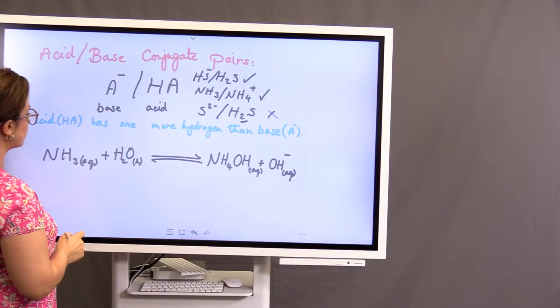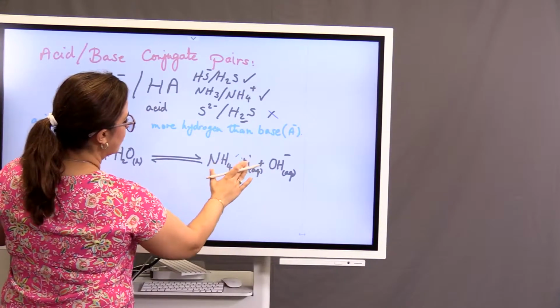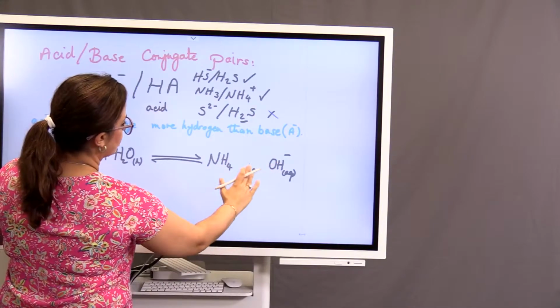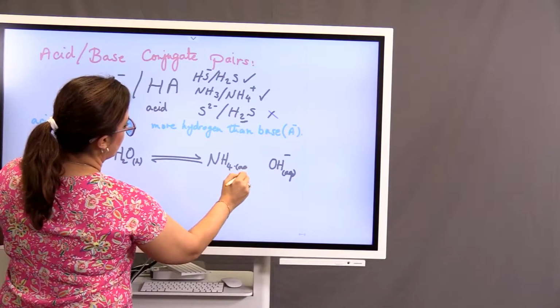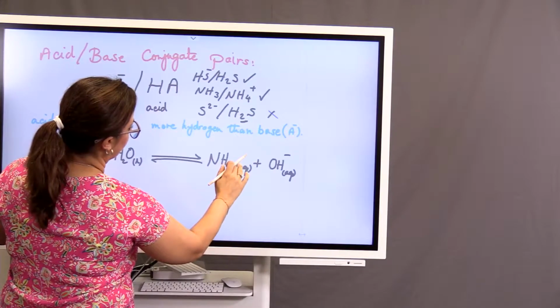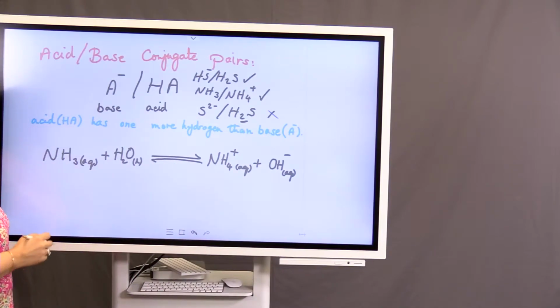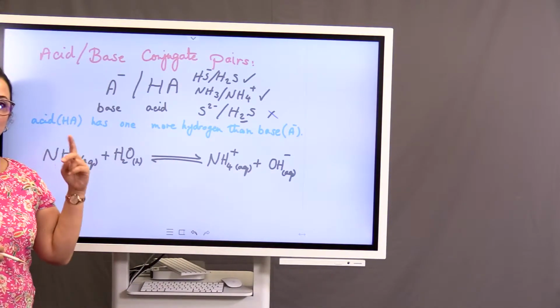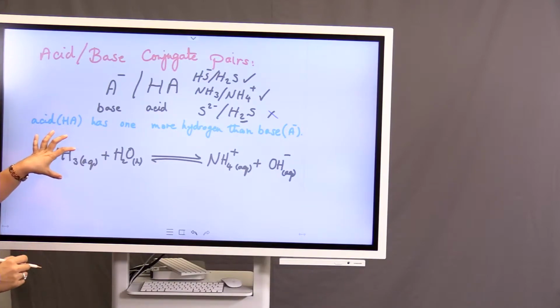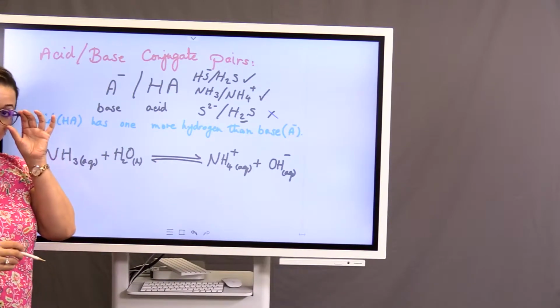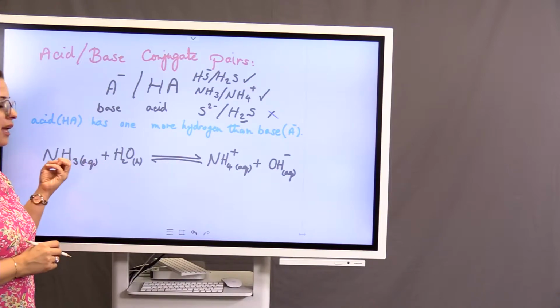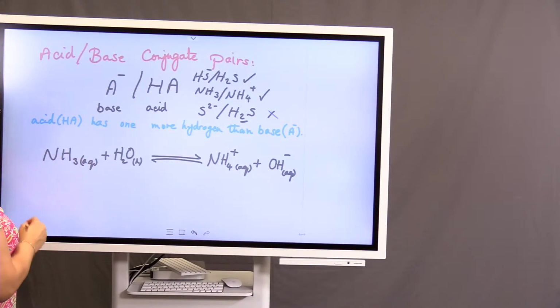Let me just eliminate the OH from here because I don't want to confuse you. So that looks better now, right? So NH4 and NH3. What is the difference between these two? 1 hydrogen. But going from NH3 to NH4, it seems like NH3 has accepted a hydrogen, right?